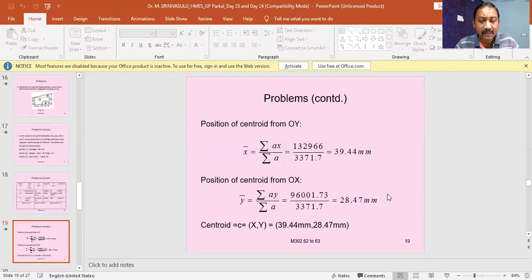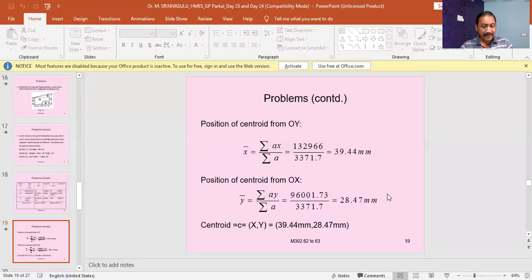It is equal to 28.47 millimeters. So in this way, the position of the centroid from the y-axis, that is x bar, is equal to 39.44, and the position of the centroid from the x-axis is y bar, equal to 28.47.